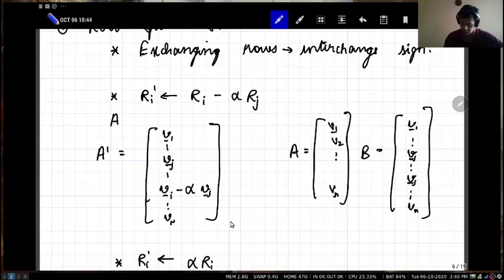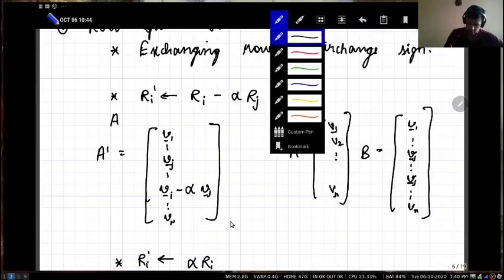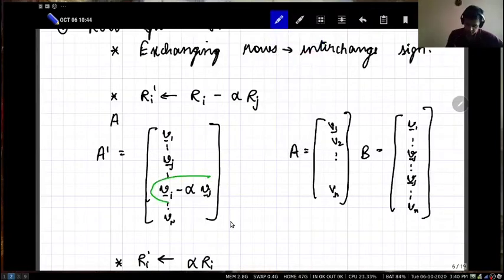So since the ith row here is Vi minus alpha times Vj, we can consider two matrices where the ith row is Vi in A, which is basically the original matrix A, and another matrix B, which is identical to A except in the ith row, where instead of Vi we have Vj, right?